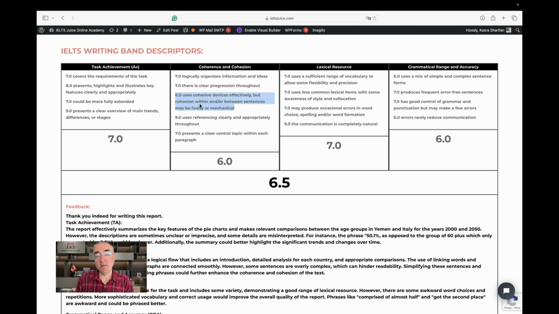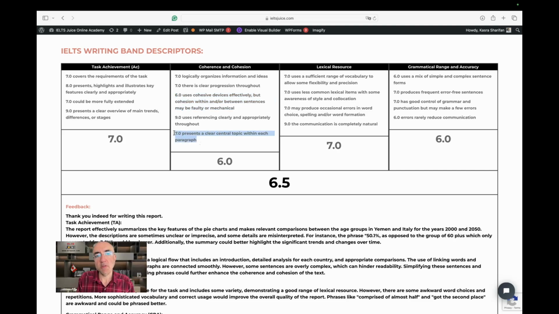We had the overuse of contrasting ones, however, as opposed to, in contrast, which weren't really in contrast. A 14-year-old is not in contrast to a 60-year-old. That was just overused.